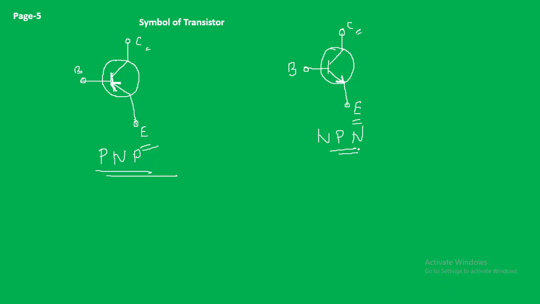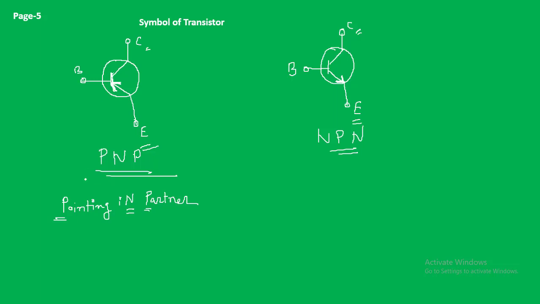Those who get confused after a long gap, always try to remember this term: pointing in partner. If you remember pointing in partner, you see that PNP, pointing in partner, so that means the arrow is pointing in.